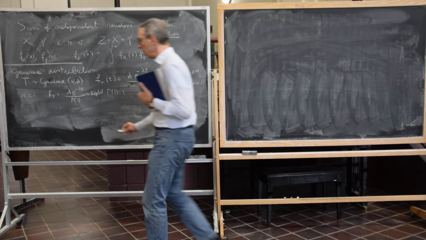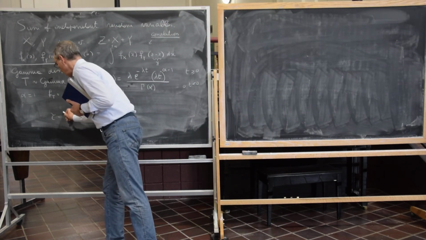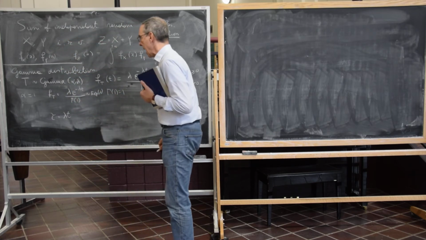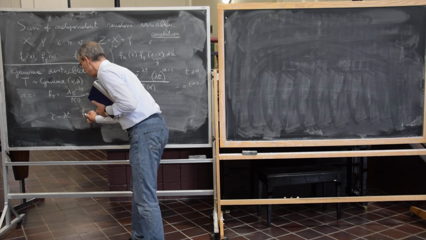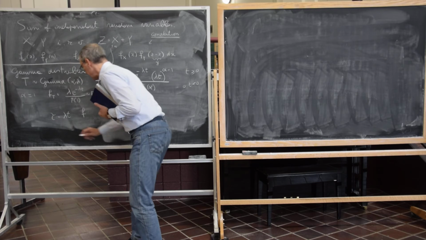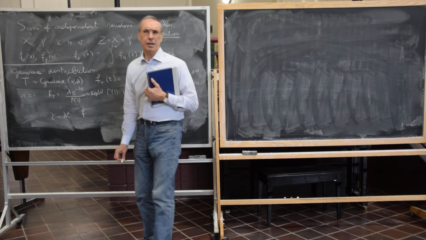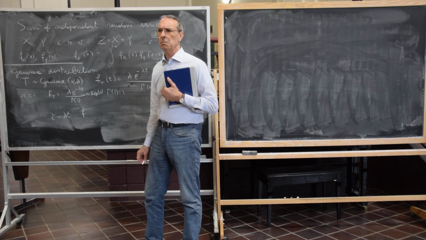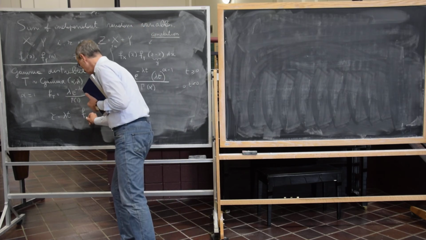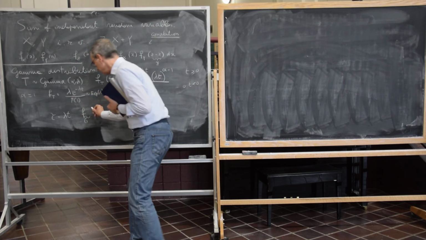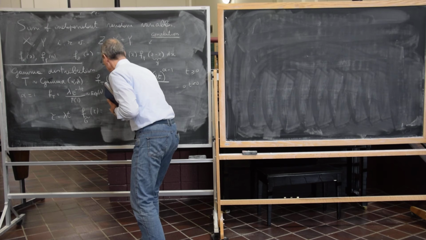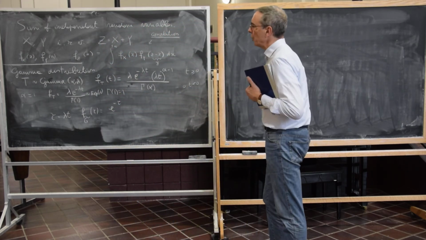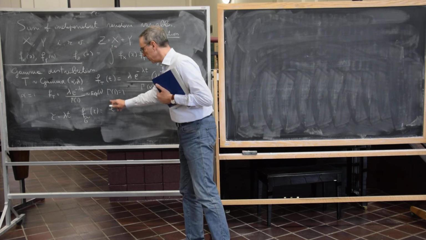If you call tau the quantity lambda t, then you will notice that your f is just e to the minus tau.